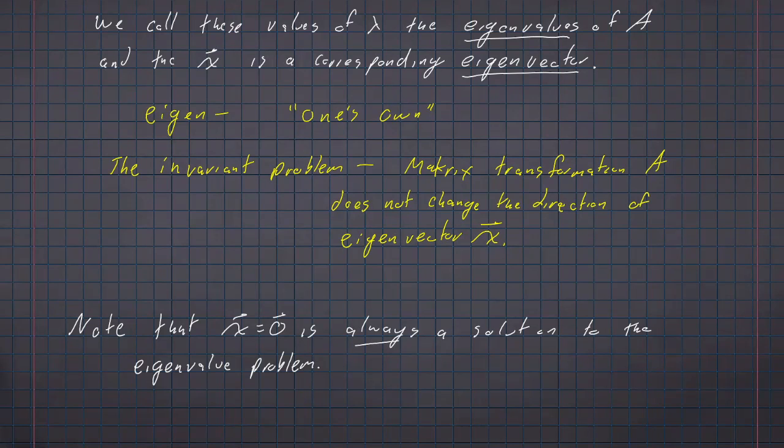It's important to notice that the zero vector is always a solution to the eigenvalue problem. No matter what value you put in for lambda, if you use x equals the zero vector, it always satisfies.